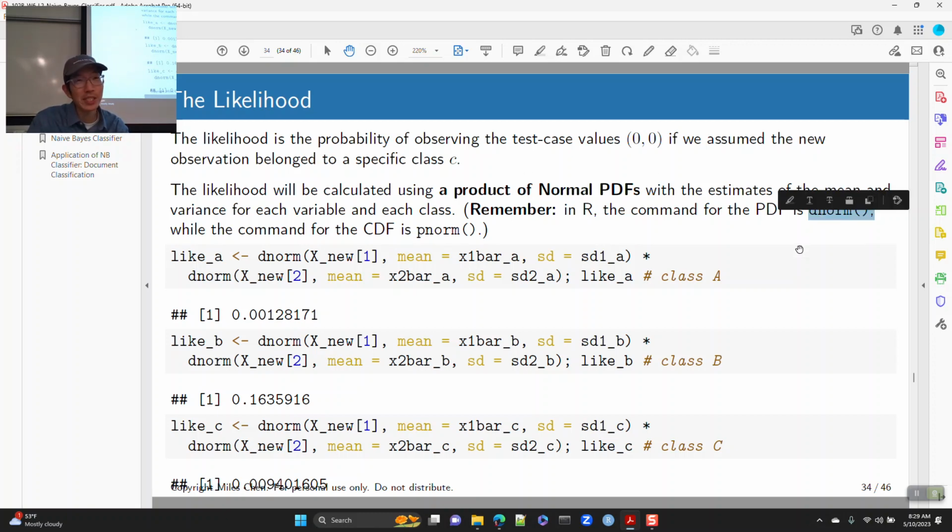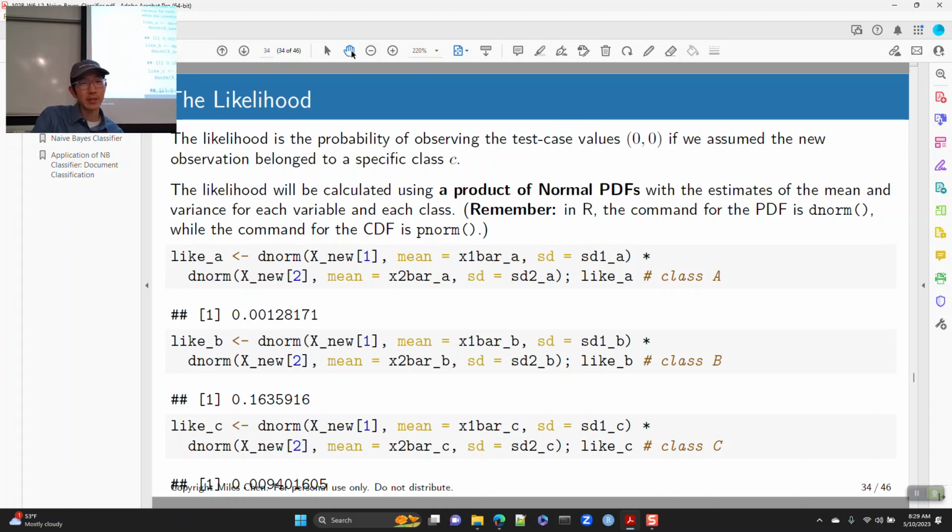Make sure you use dnorm to get your PDF, and don't use pnorm. Sometimes students use pnorm, and you're going to get all the wrong answers. pnorm is the cumulative distribution function. That's not what you want. You want to use the normal density, which is dnorm.